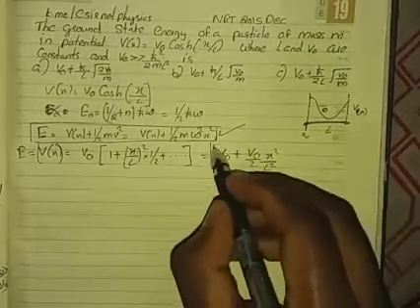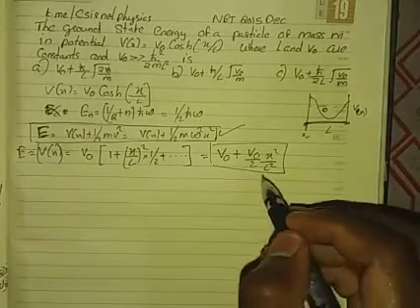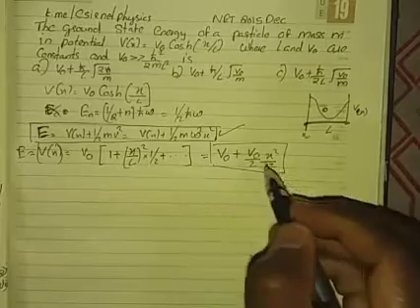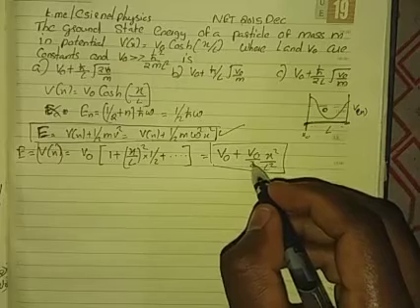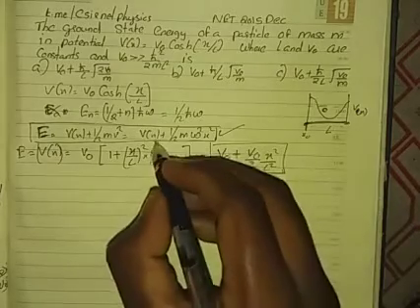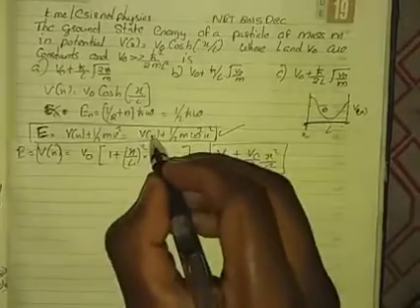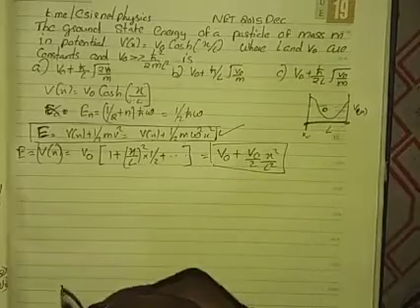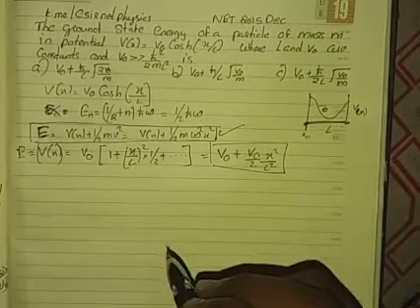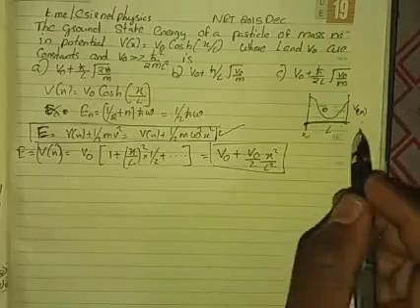Comparing these two equations, V of x plus half m omega square x square, and here V0 plus the second term. This V of x is V0 because it's not changing, it's a constant. Energy will be conserved inside this well.